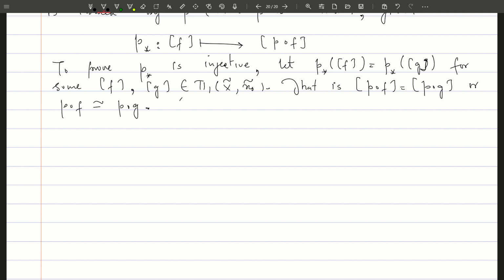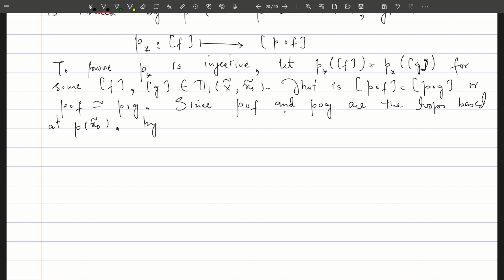So since P composed with F and P composed with G are loops based at P of x naught tilde, by consequence first, which was done in the previous lecture, so we have discussed this in the last lecture, the paths F and G are homotopic.